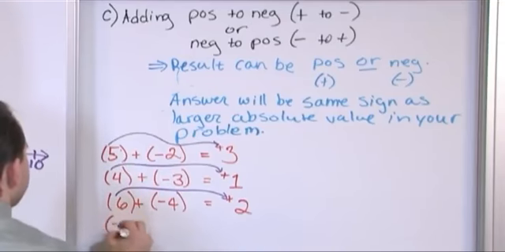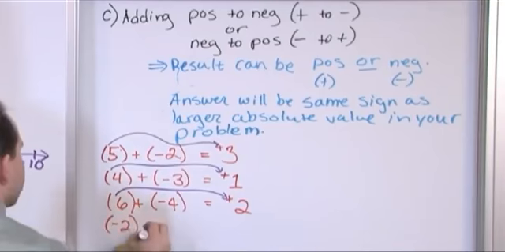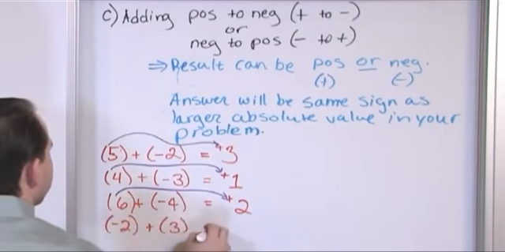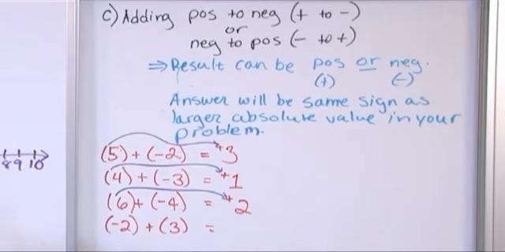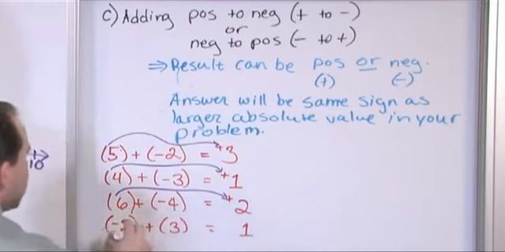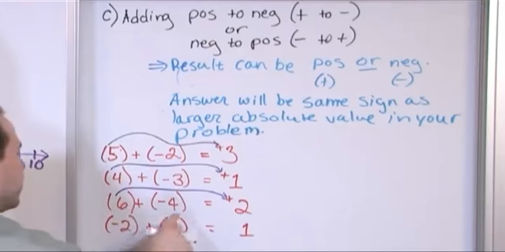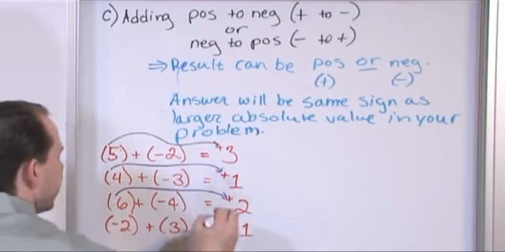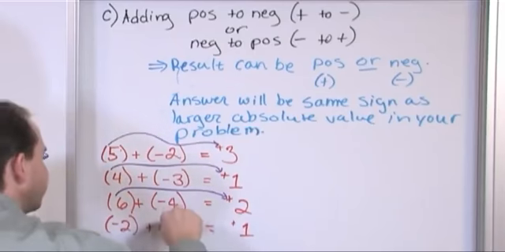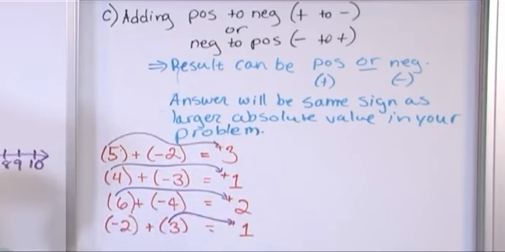And let's say I had negative 2, so a negative number first, plus positive 3. But it's exactly the same thing. You just take the numbers that you have a 2 here and you have a 3 here, and you subtract them. 3 minus 2 gives you 1. And the bigger number is this one on the absolute value side of things, so it's positive. So the sign kind of came from the fact that that one was bigger.